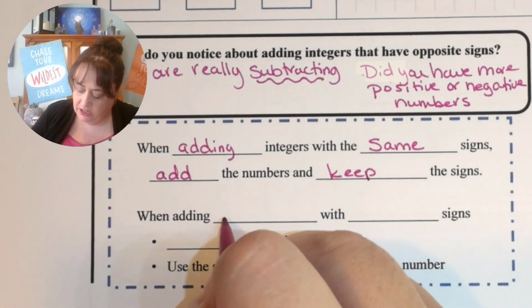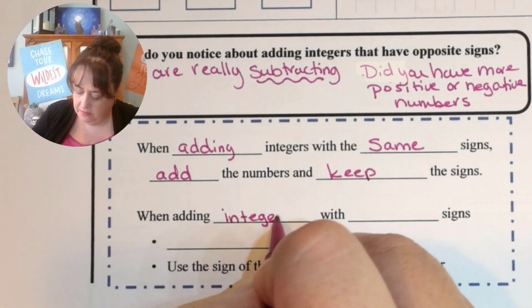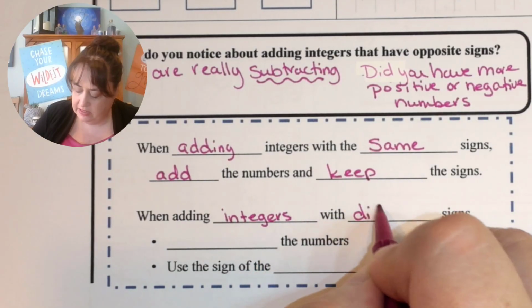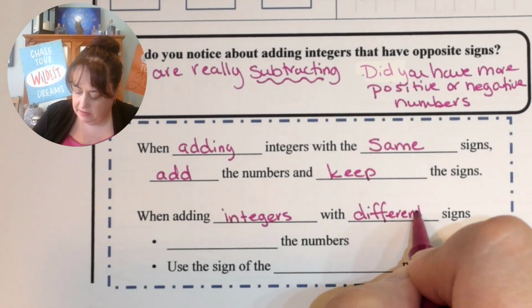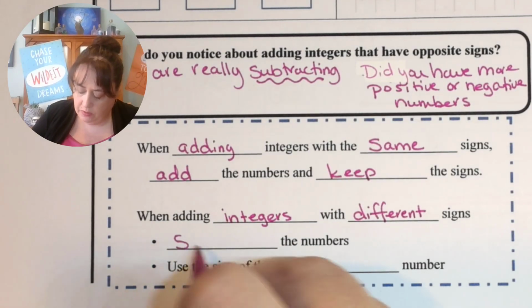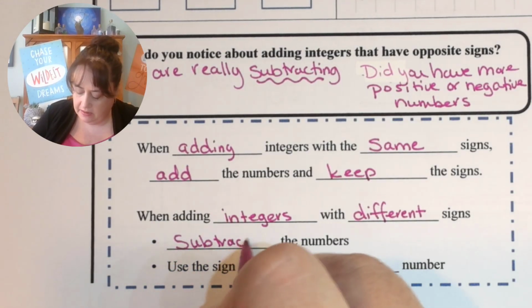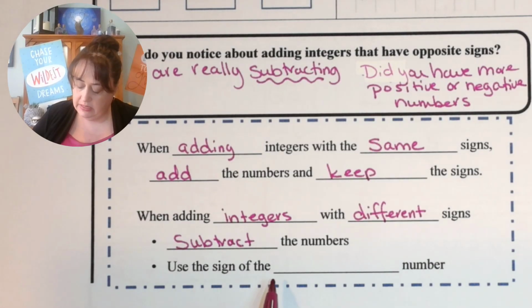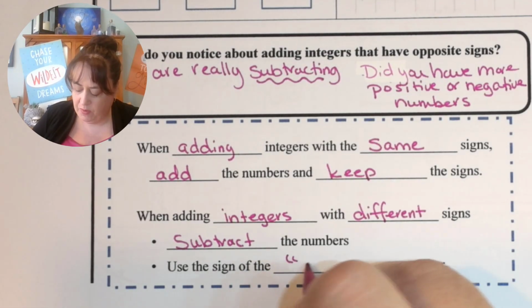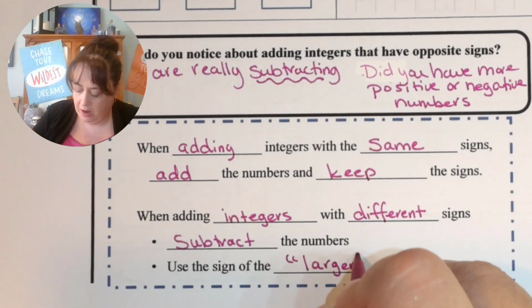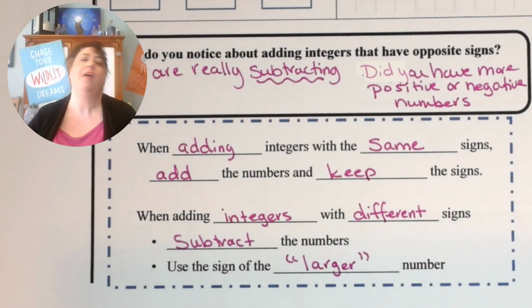When adding integers with different signs, we're going to subtract the numbers and use the sign of the larger number. We put larger in parentheses because we know that the negative number is really not the larger number. We're just saying, what do we have more of? Just like we did up here, the positive numbers or the negative numbers.